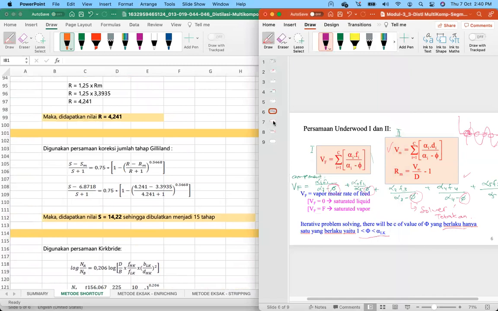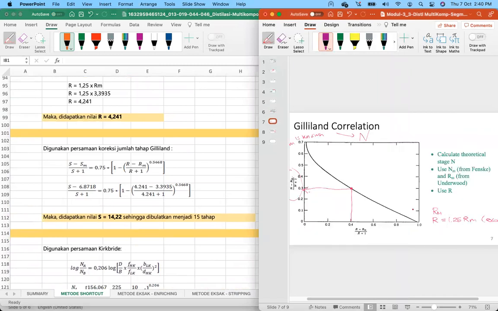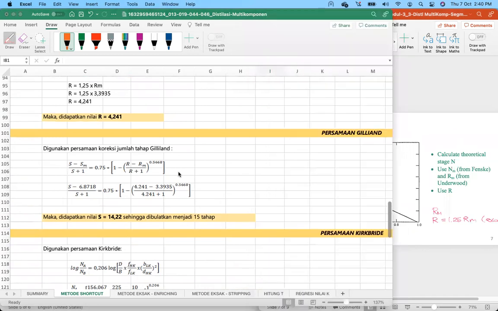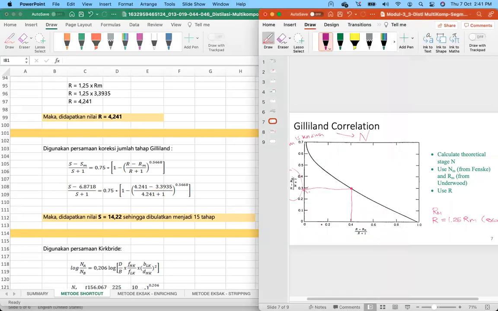If you want to use the correlation, that's fine, but these people use a correlation based on the book. That's also fine because this is actually the one that explains this. So both of them are fine. Then you can find the number of stages, for example 14.22, and then you round it up to 15.